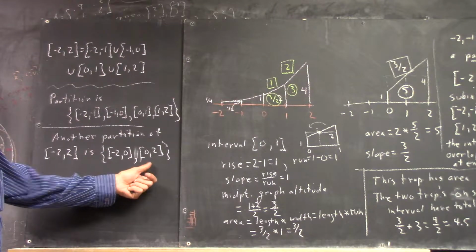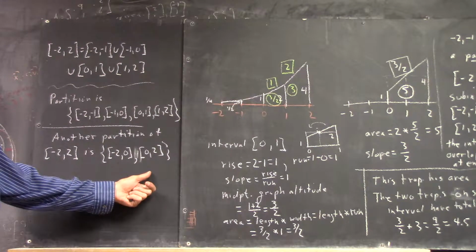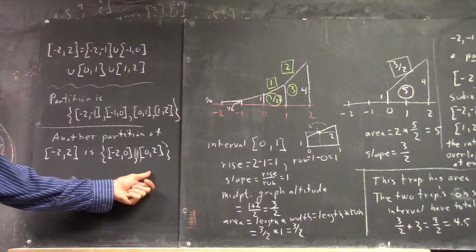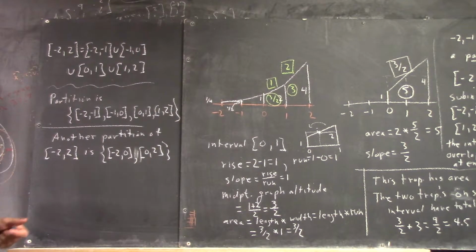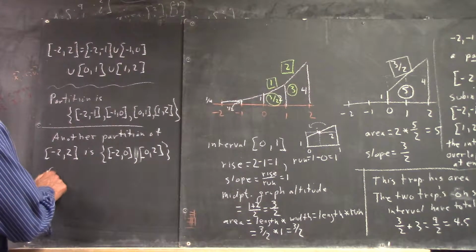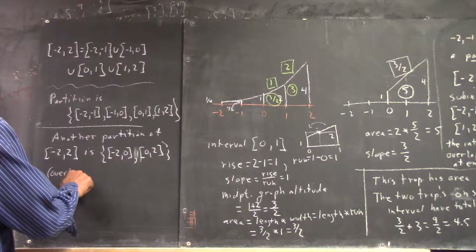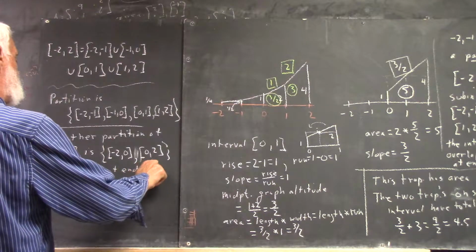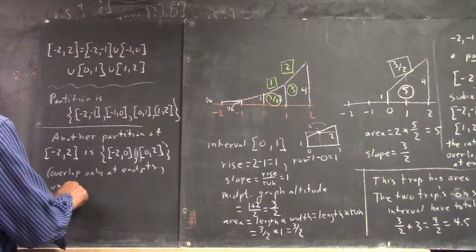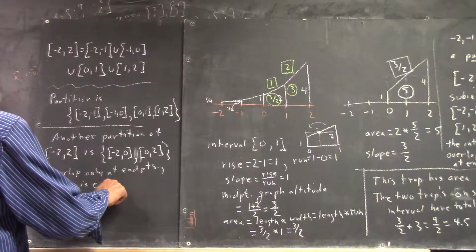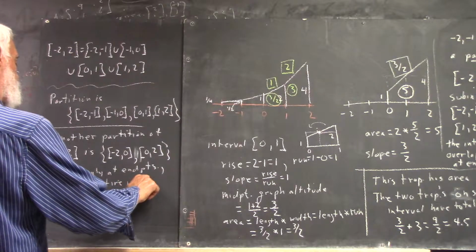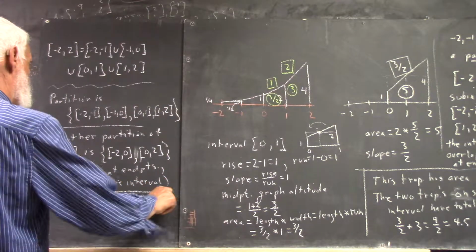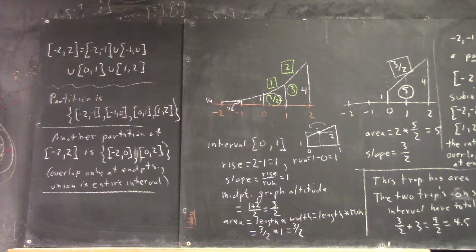And if you put these two together, if you form their union, does it give you the whole interval? Yeah, they overlap at endpoints, the union's the entire interval, so it's a partition. Okay?